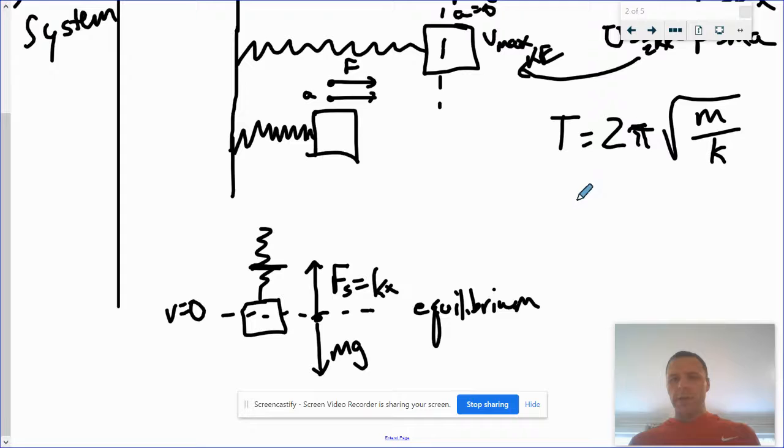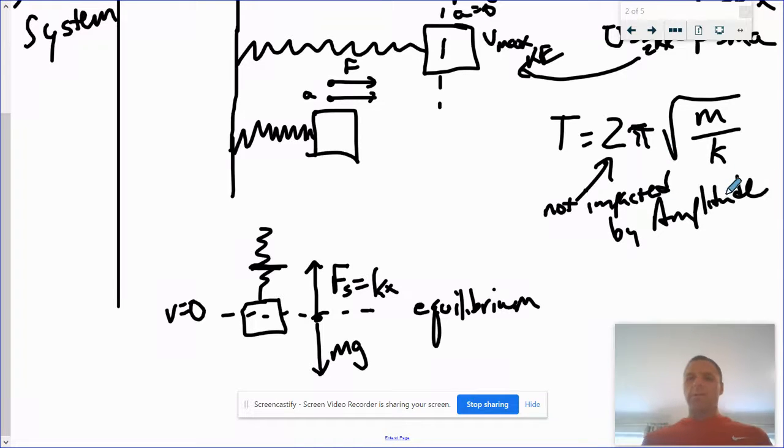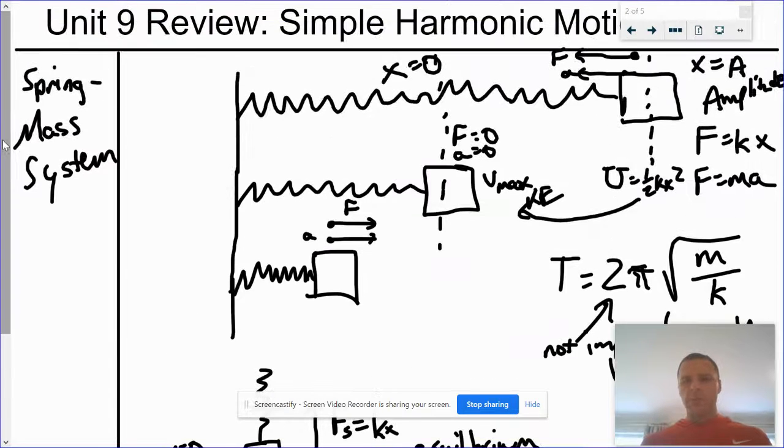Back up here real quick. Remember, the period is not impacted by the amplitude. I think that's an important point for simple harmonic motion. For all simple harmonic motion, whether it's a spring mass system or a pendulum system, what you're really looking for is this right here, this force that's always going back towards equilibrium.